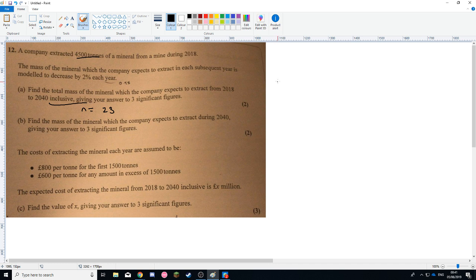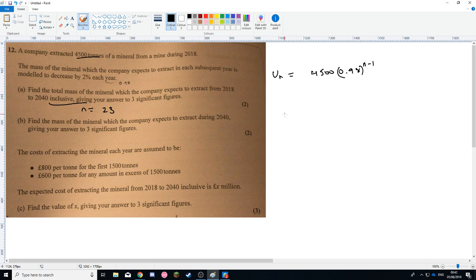Now we have that the amount of mineral mined in year n is given by 4,500 times 0.98 to the power of n minus 1. Find the total mass of the mineral which the company expects to extract from 2018 to 2040.